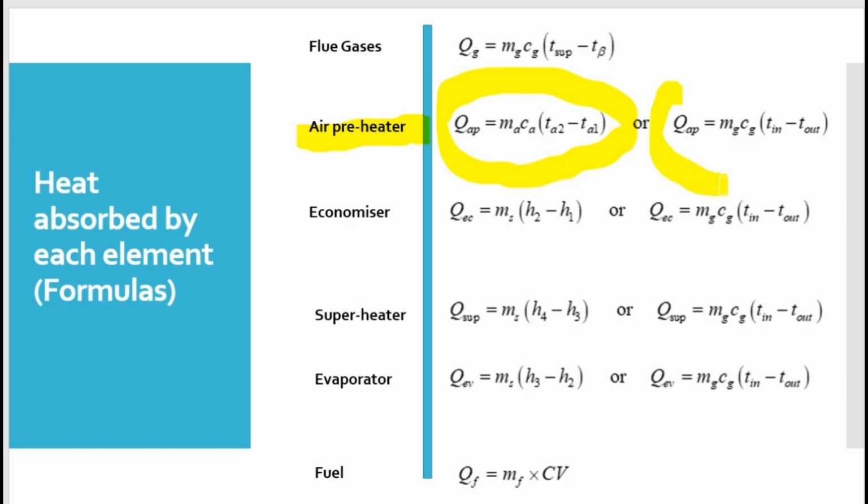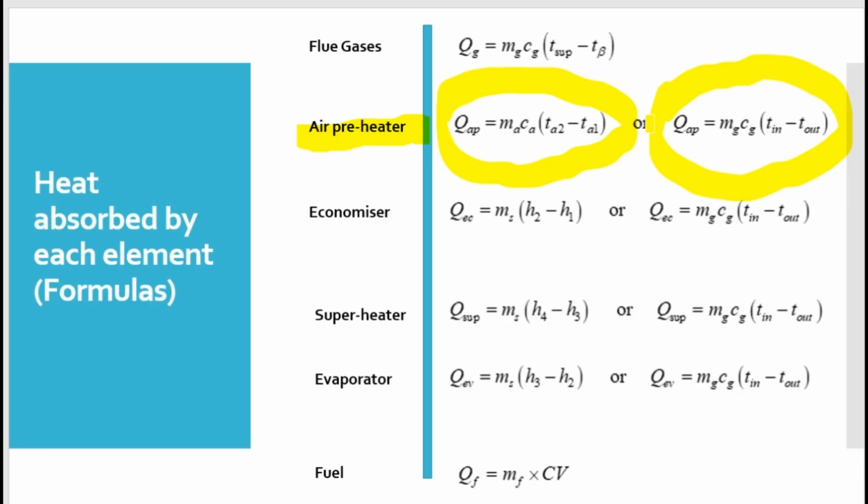Or we use this formula, which is QAP equals to mgCg (T in minus T out). This one is the energy that is lost by the flue gases when they pass through the air preheater.